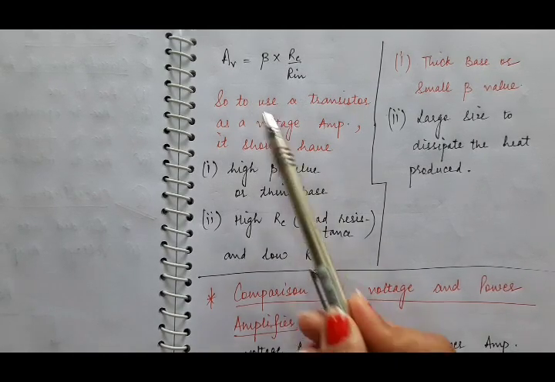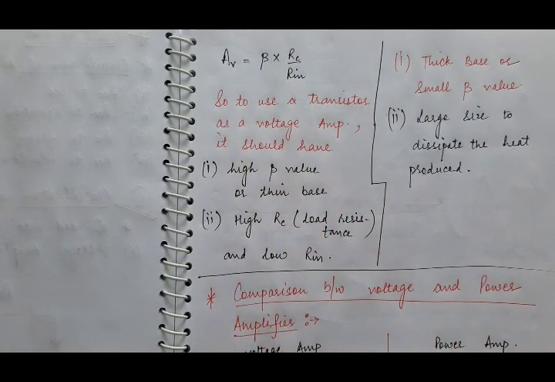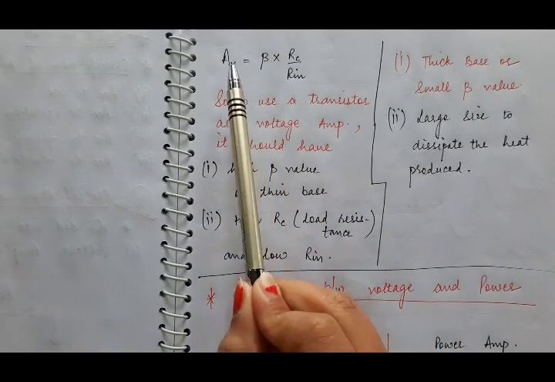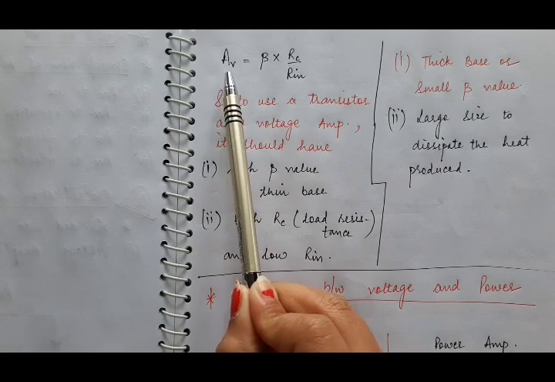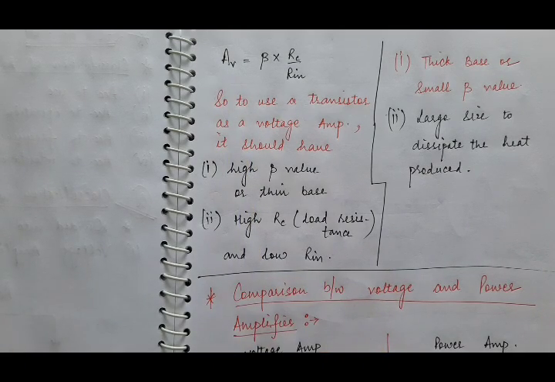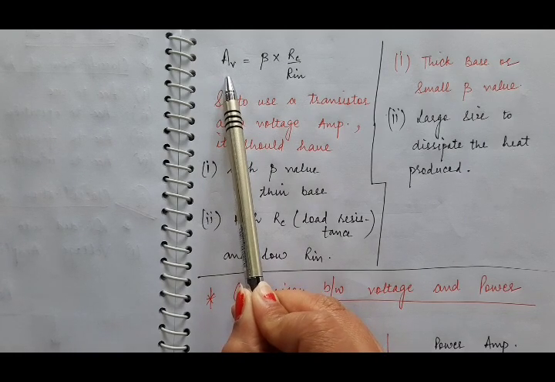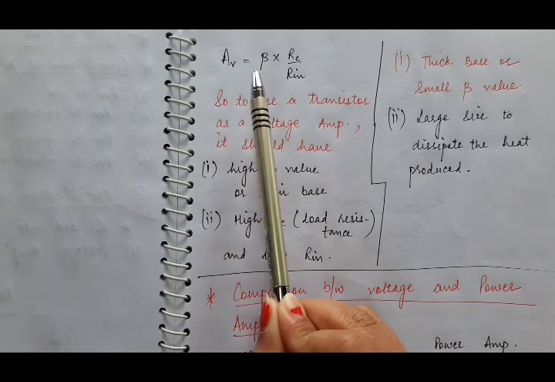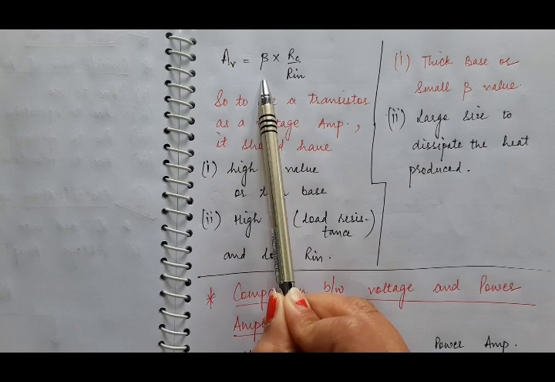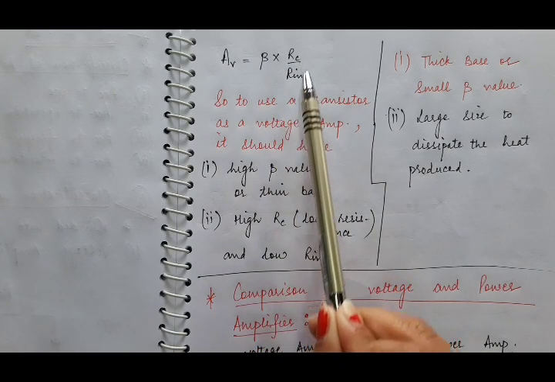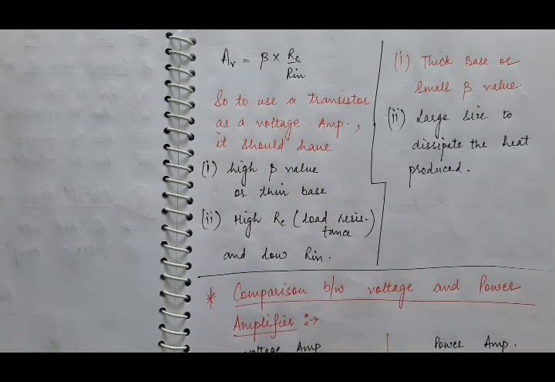So it means to use any transistor as a voltage amplifier, this voltage gain must be high, and to have a high voltage gain, the transistor must have high beta value, high value of output impedance, and low value of input impedance.